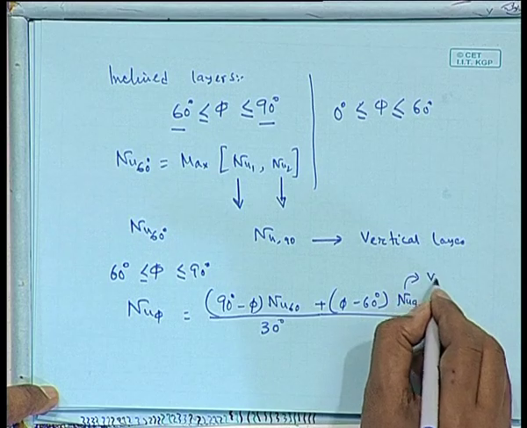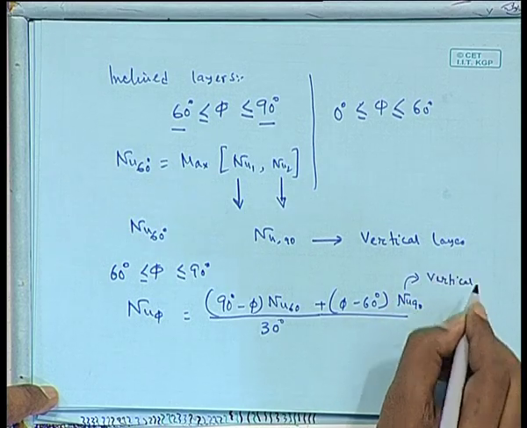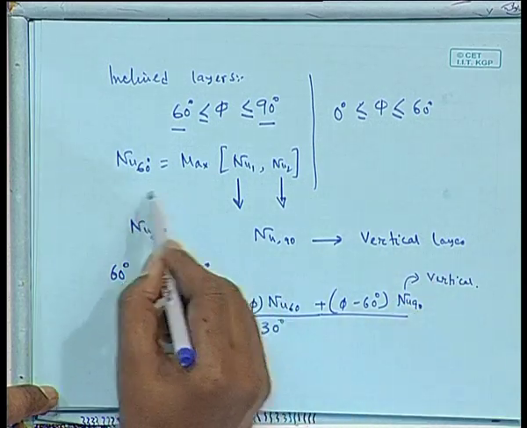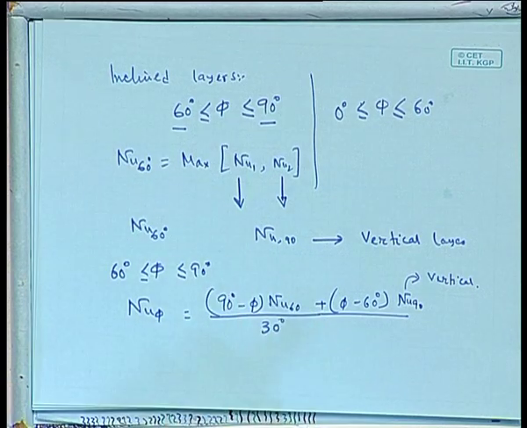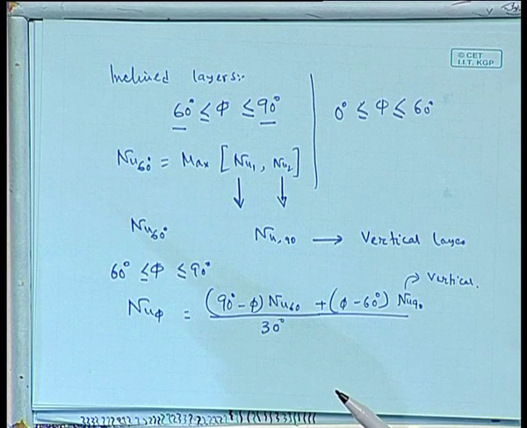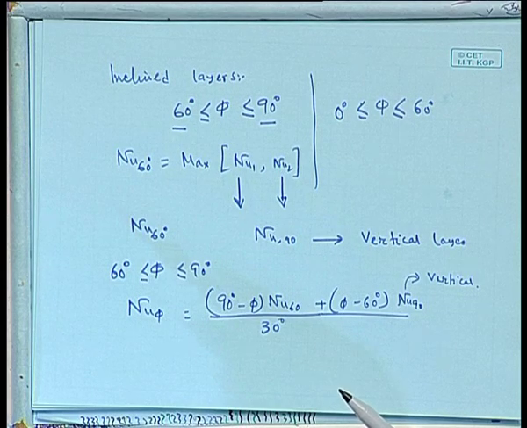NU90 is basically for the vertical layers, and NU60 will be calculated from this. Okay. And again you will be having similar relations for the inclined layer from 0 to 60. I am not writing those things in detail. And for horizontal cylindrical annulus and spherical annulus, there will again be some correlations available which are supposed to be much better compared to the other one.